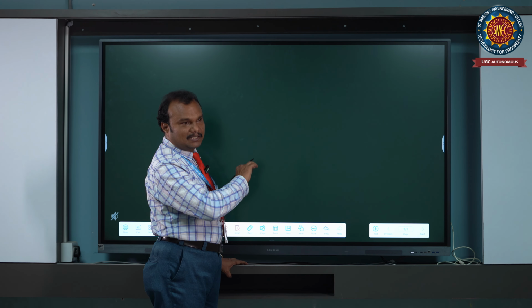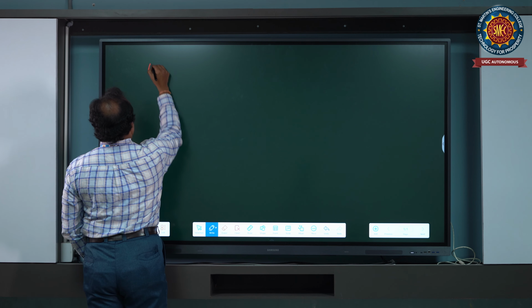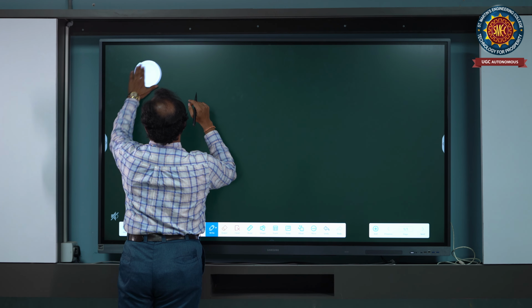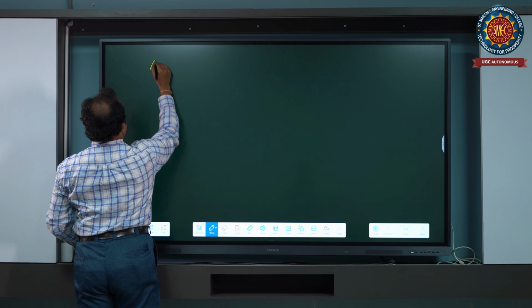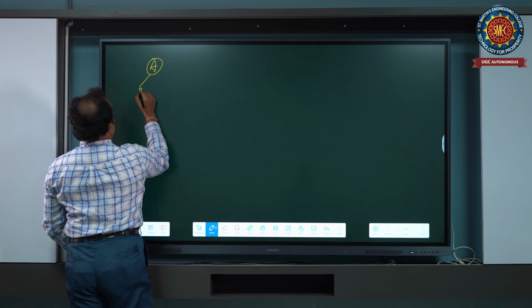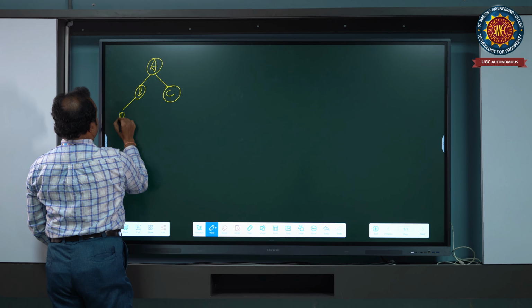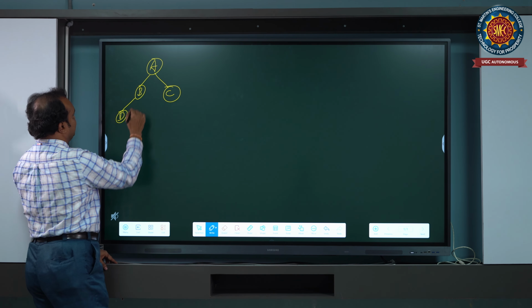So now finally what we will conclude here regarding tree traversals. If for example we take a unique tree for all the tree traversal techniques, like this. So A, B, C, here D is there.